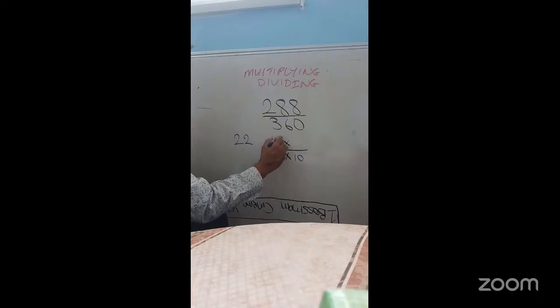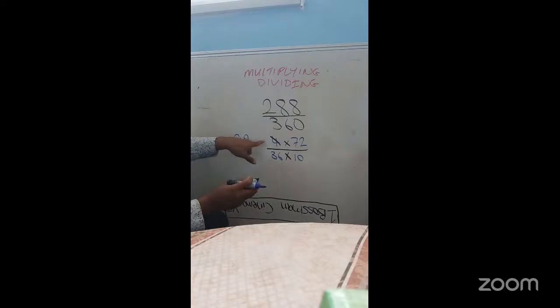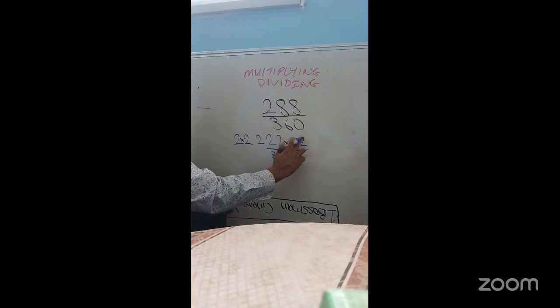So if I said 4 times 72, at least the 2 by 2 is handled. So we have a 2 by 2, and then we have the 2, 2, 2 by 3. So let's do that.